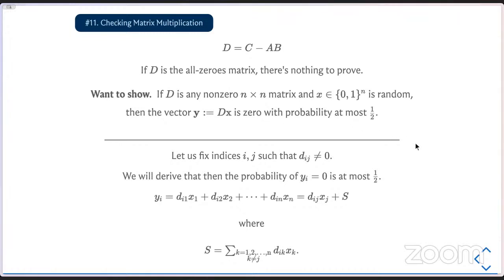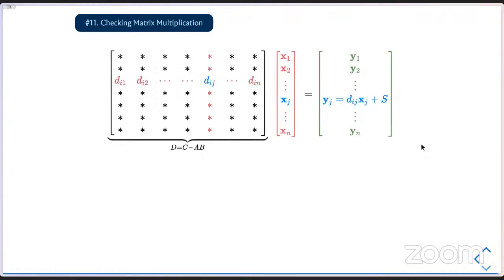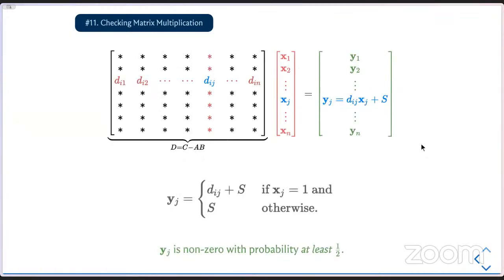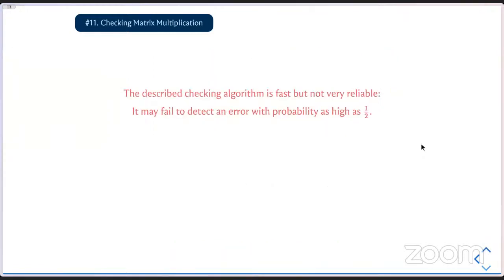I don't know if the analysis can be tightened, but my guess is that in practice, it's going to be quite a bit less than half. But don't quote me on that, because I'm not quantifying that in any way at the moment.